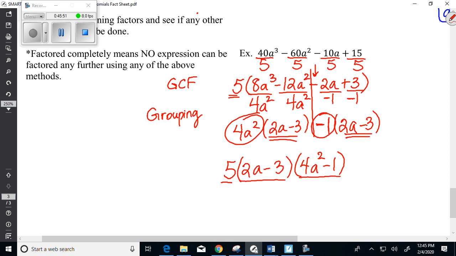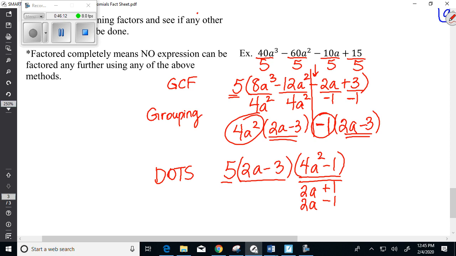But 4a squared minus 1, you have 2 perfect squares. So there's a difference of 2 squares. Square root of 4 is 2. A squared is a times a. The square root of 1 is 1. You need 1 positive, 1 negative.